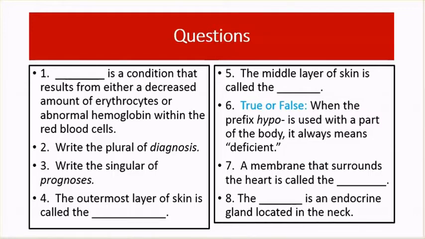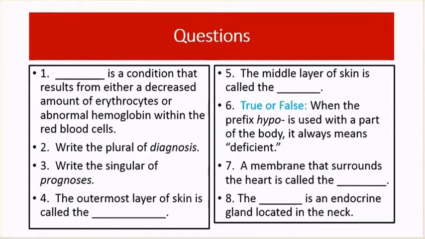Number 4. The outermost layer of skin is called the blank. Number 5. The middle layer of skin is called the blank. Number 6. True or false?